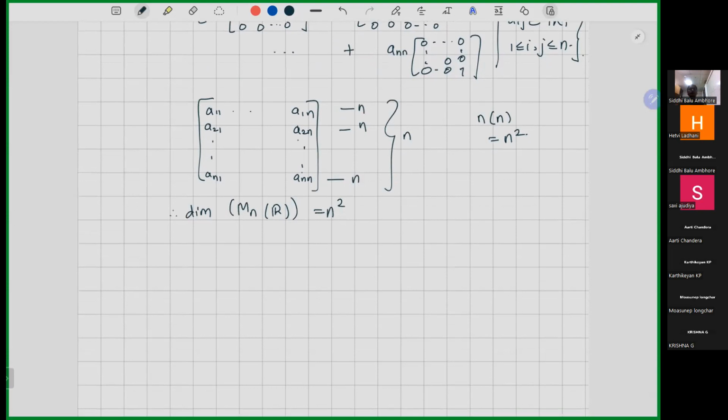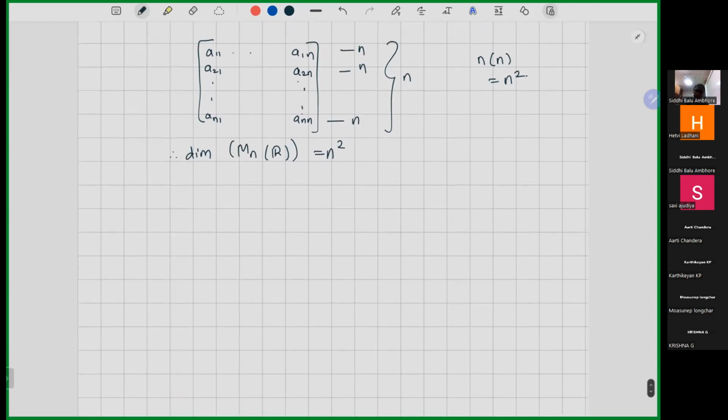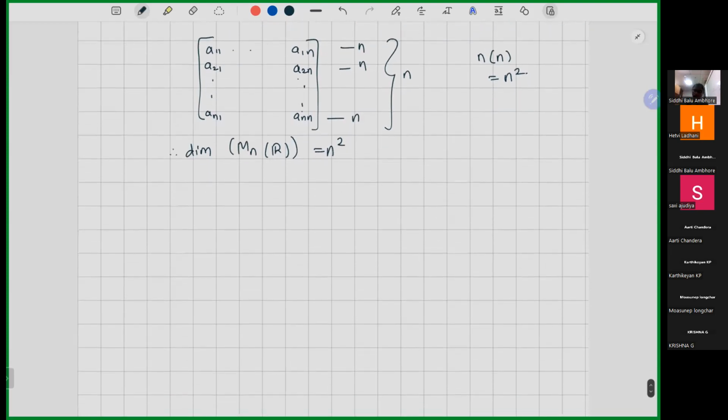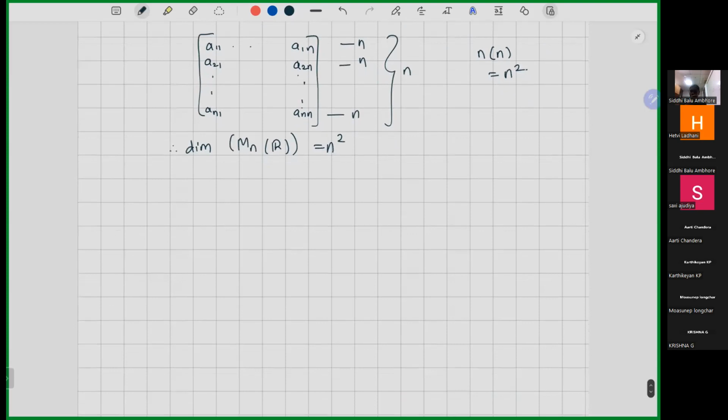So the thing is, even for a rectangular matrix, only the row will govern, right? No. In a rectangular matrix, it will be whatever the order.